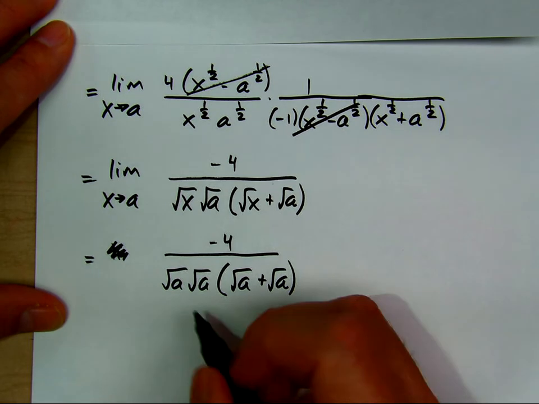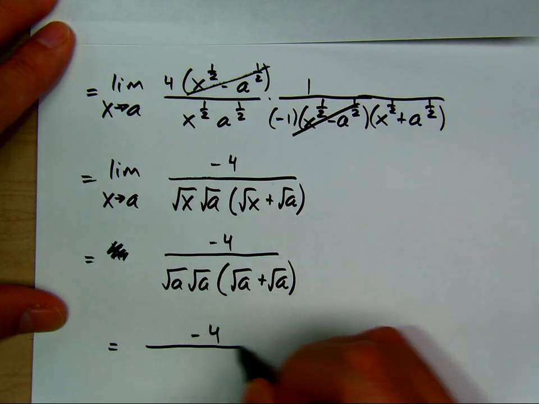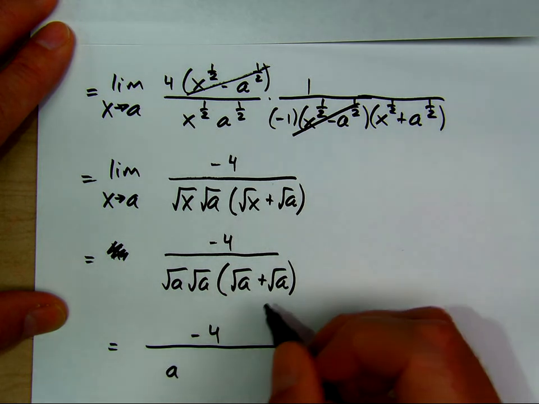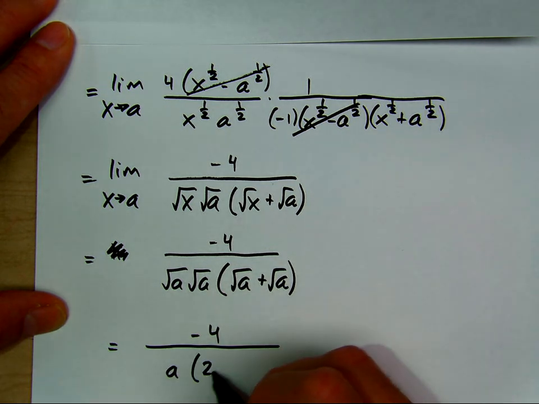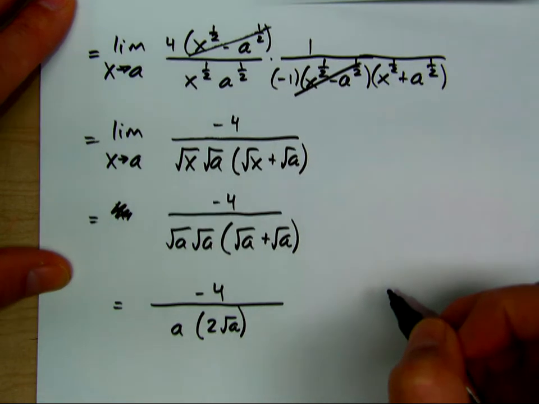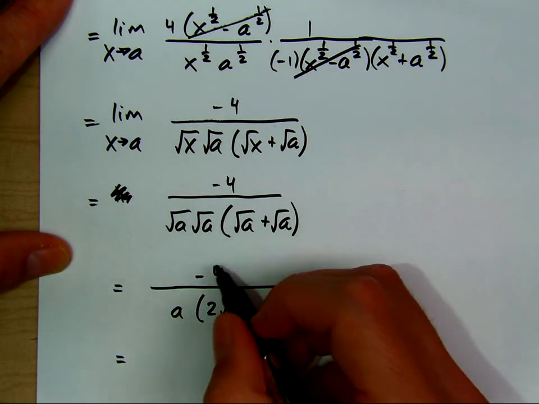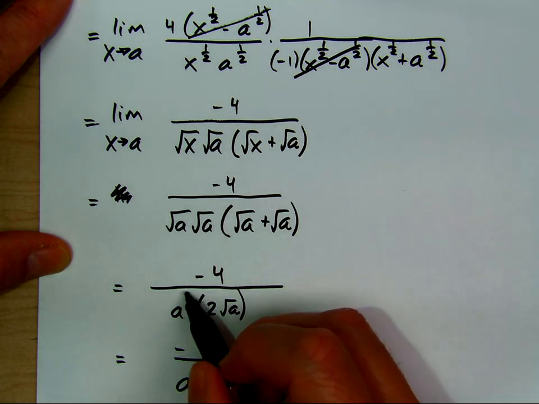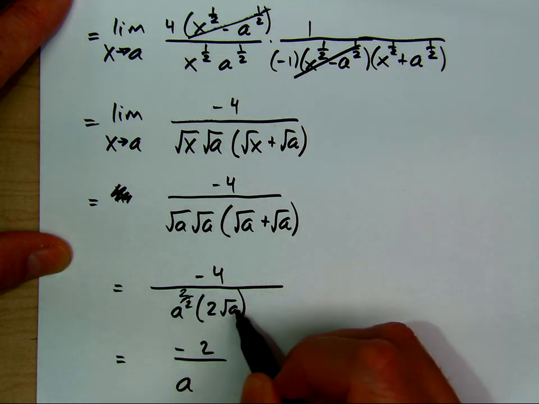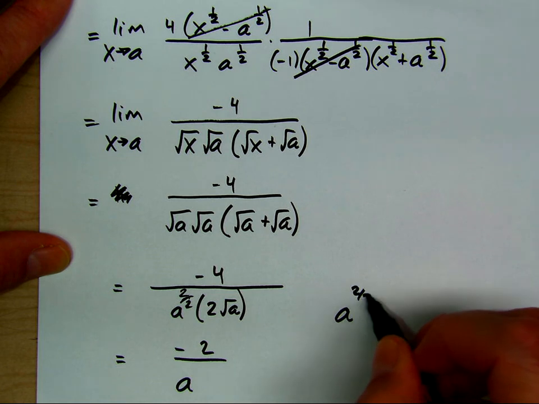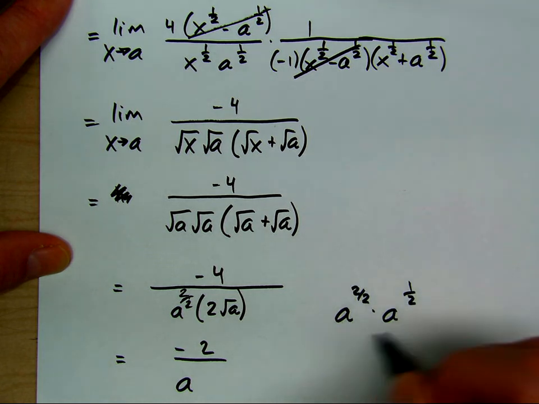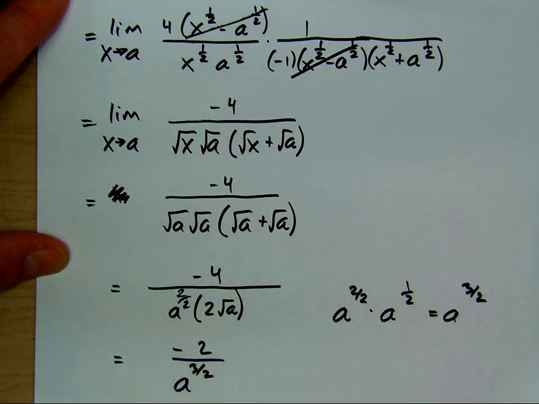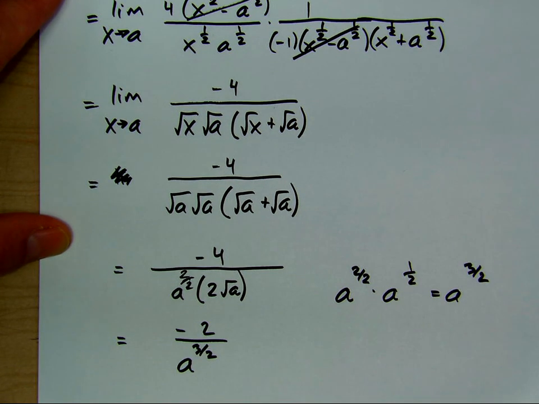So we'll have radical a times radical a is a, and then here we have 2 radical a. Reduce, and we have -2 over a. This is a to the 2 over 2, and this is a to the 1 over 2. If you have a to the 2 over 2 times a to the 1 over 2, you get a to the 3 over 2. And we verify with the power rule. We'll stop there.